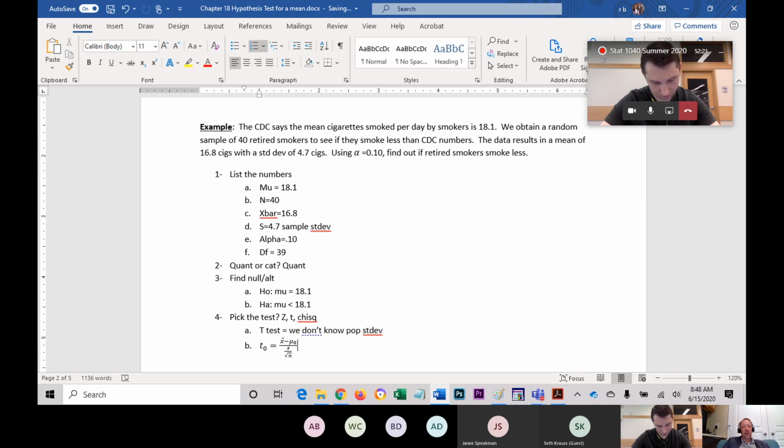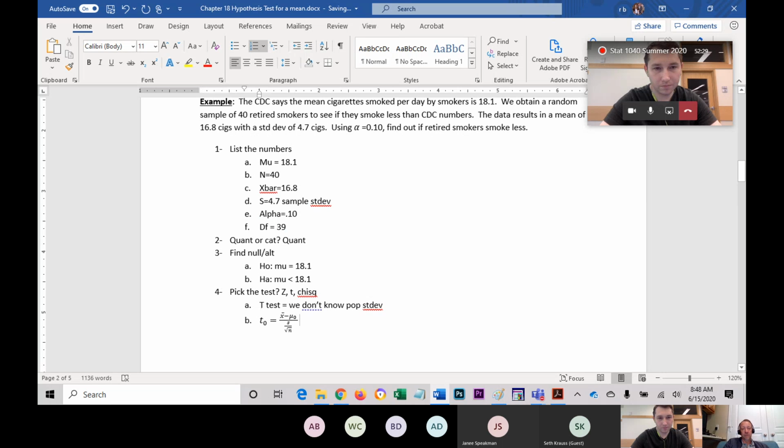So who wants to tell me what to type in here for the t-test? x bar would be equal to, so it would be 16.8 minus 18.1 divided by 4.7 over the square root of 40.